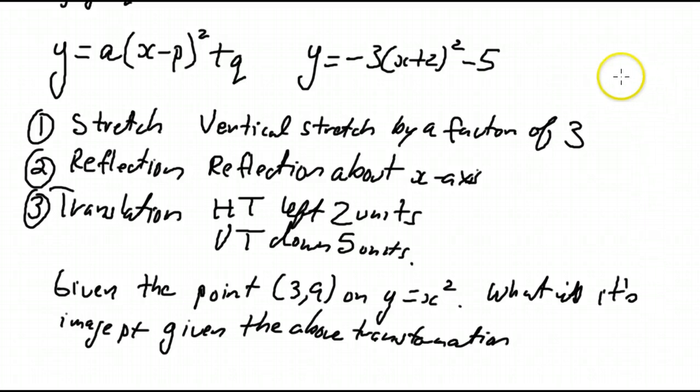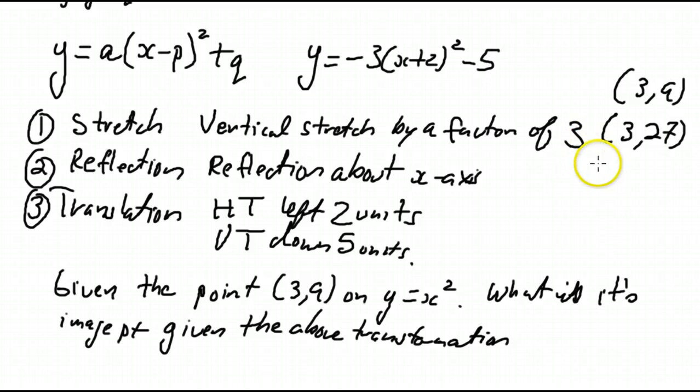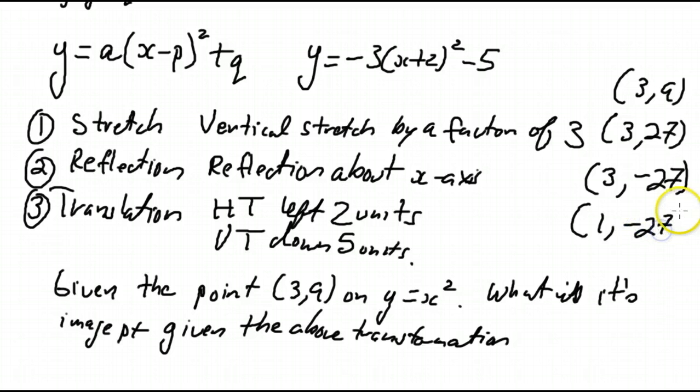So what I'm going to do is I'm going to do that up here. I'm going to start with (3, 9), and I'm going to go through. So vertical stretch by a factor of 3 makes that (3, 27). Reflection about the x-axis makes this (3, -27). Horizontal translation 2 units to the left makes this (1, -27).